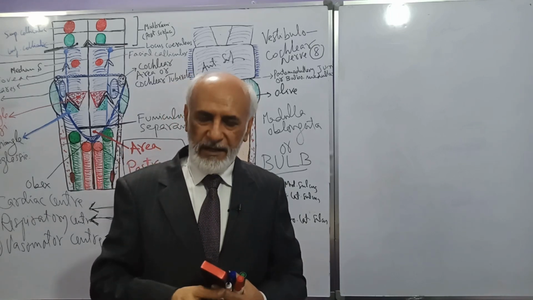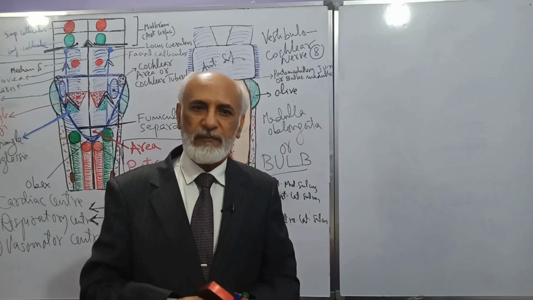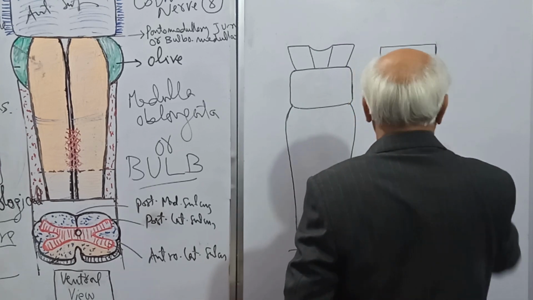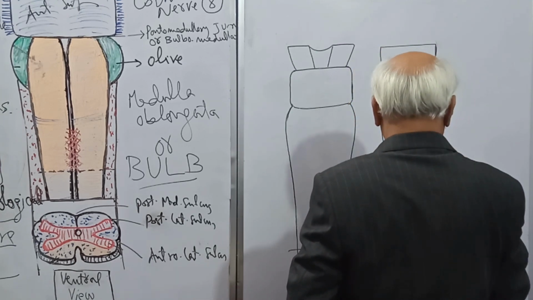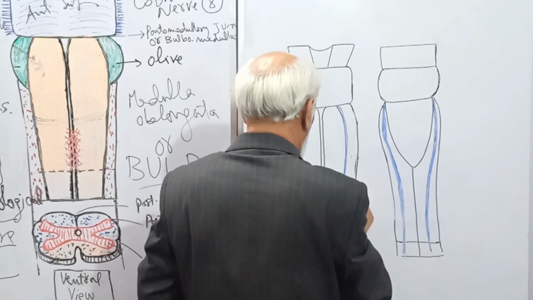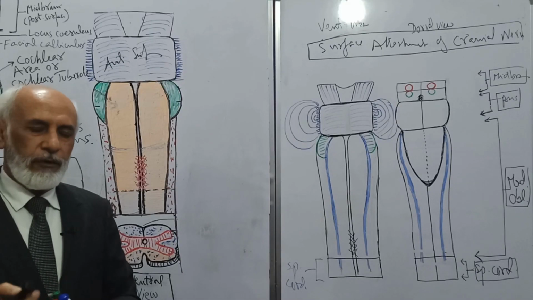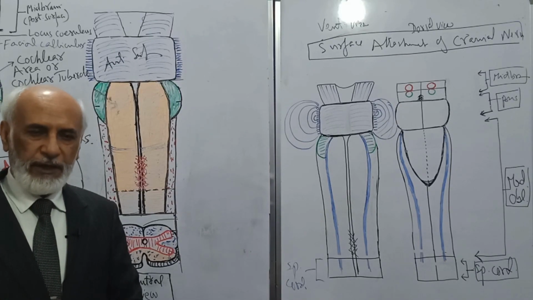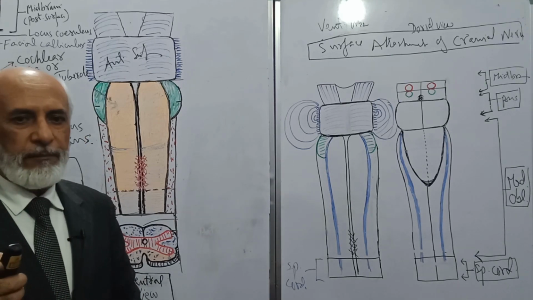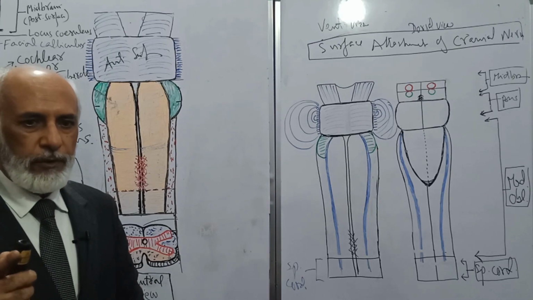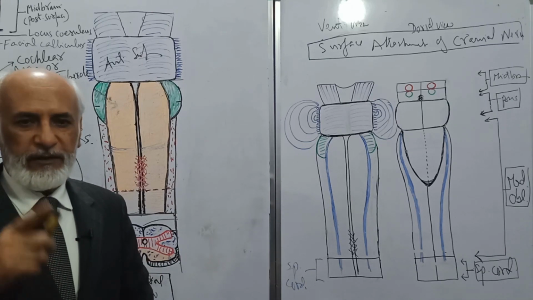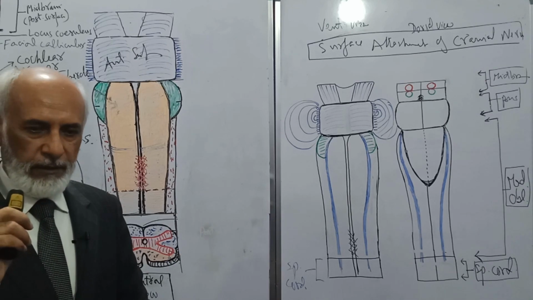So where are these nerves attached, to which parts and to which aspect of the brainstem? Now, surface attachments of cranial nerves to the brainstem, that is the midbrain, pons, and medulla oblongata. From the 3rd cranial nerve up to the 12th, all are attached to the brainstem, except olfactory and optic nerve.